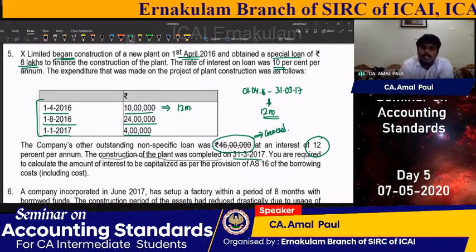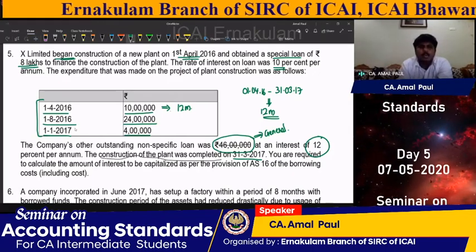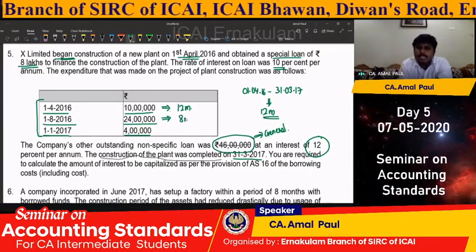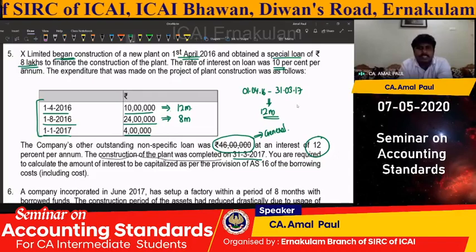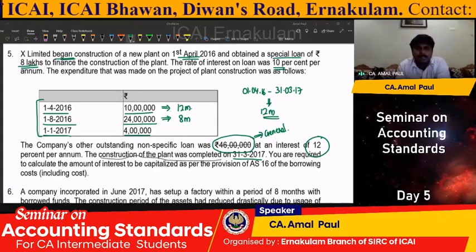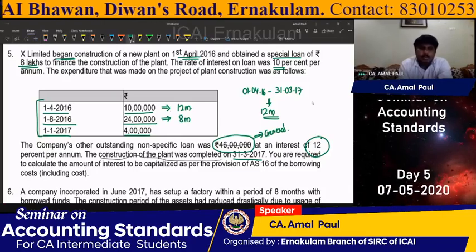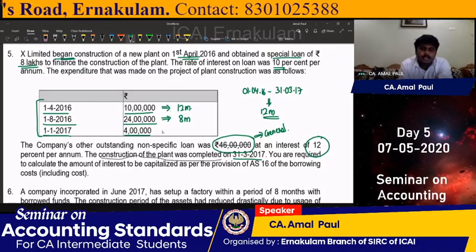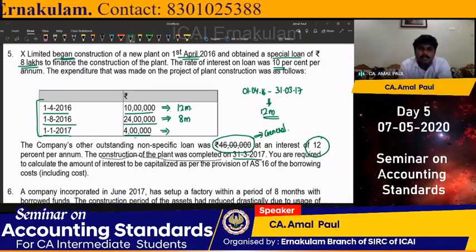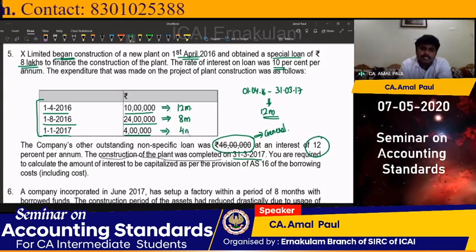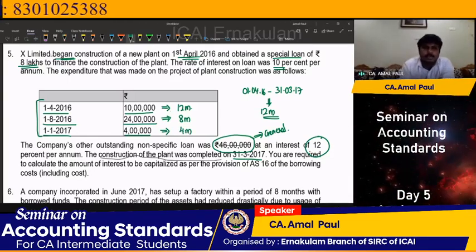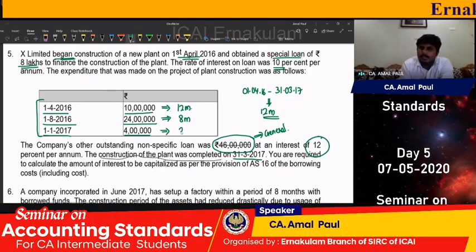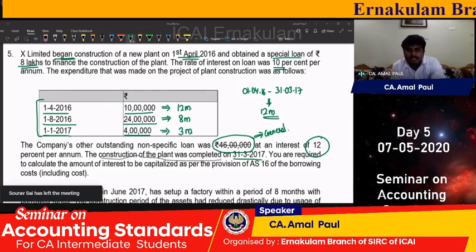When it comes to this 24 lakhs taken on 1/8/2016, you would have incurred borrowing cost for 8 months only, because from 1/8/2016 to 31/3/2017, that much only we can capitalize. Then the amount you had spent on 1/1/2017, you can have only 3 months interest, because from that date only you had utilized this amount.